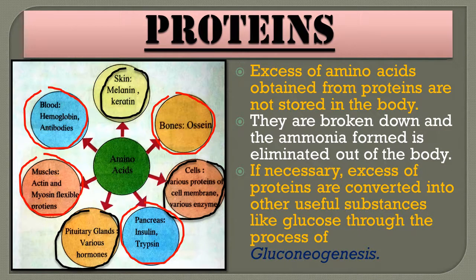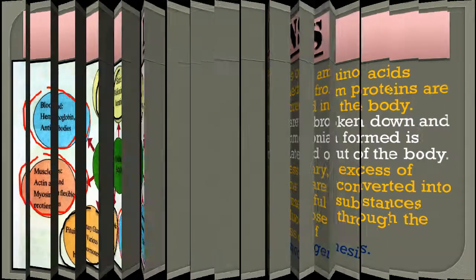If necessary, excess proteins are converted into other useful substances like glucose through the process of gluconeogenesis.